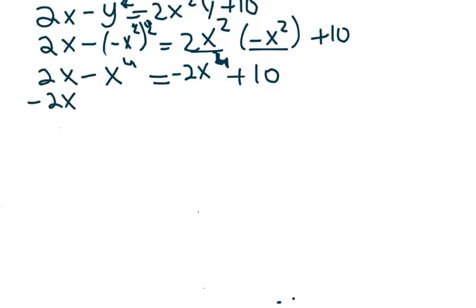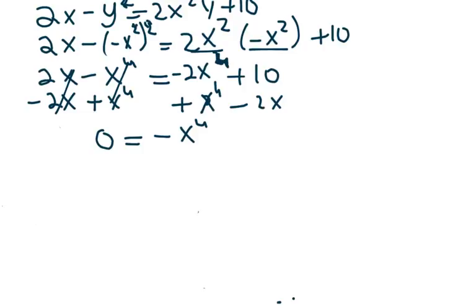Next, we're going to subtract 2x and add x to the fourth on both sides. So we get 0 equals negative x to the fourth minus 2x plus 10. Since we got it equal to 0, now we can plug it into our calculators and find the zeros.